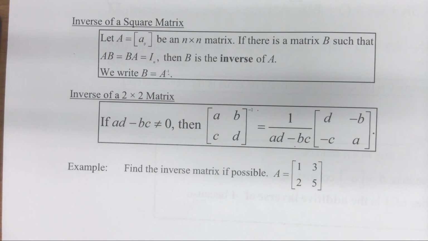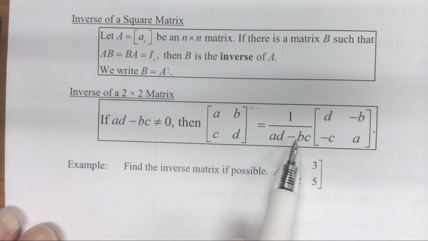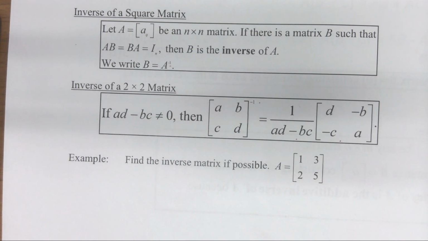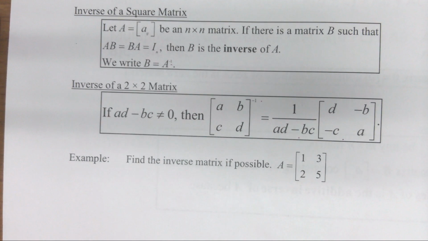What does that mean? That means A times D, you figure out what it is, minus B times C, and you put it on the outside. And then you're going to multiply by a new matrix that's kind of made up of this matrix. What do you notice about it? How does it change from here to here? Give me one way.